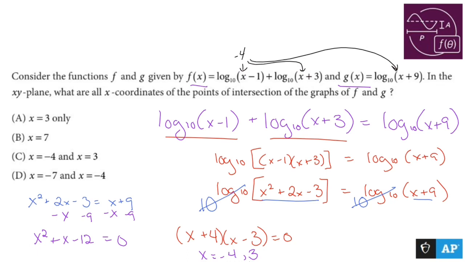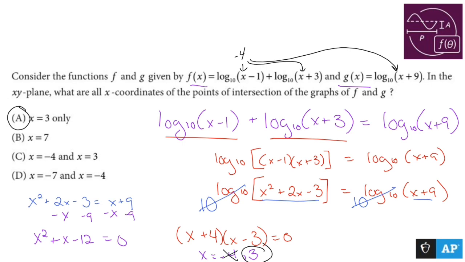I won't. So negative 4 is not allowed. If I plug in 3, I'll get 2, 6, and 12. So that's fine, 3 is fine. But negative 4 is not allowed because this would give me the log of negative 5, which is impossible. So the only possible solution is 3.